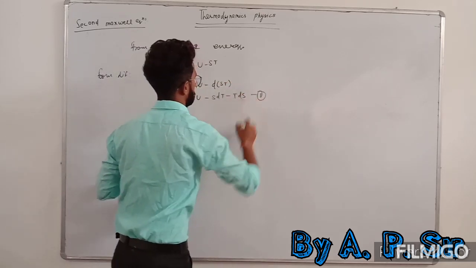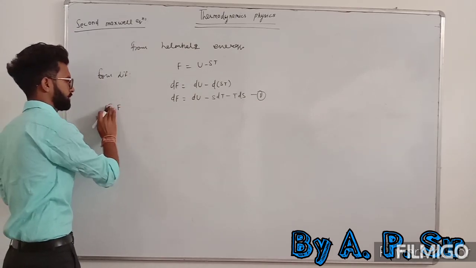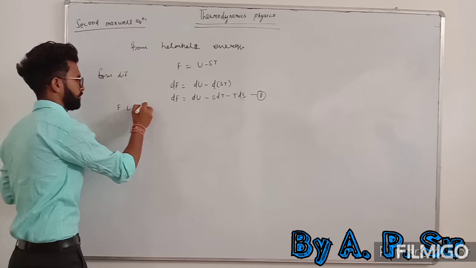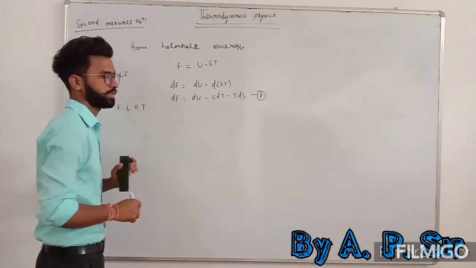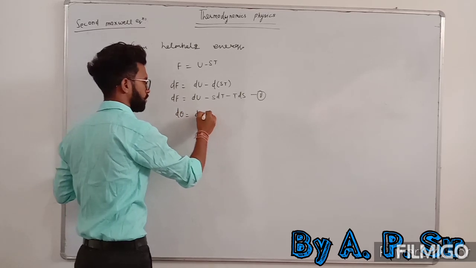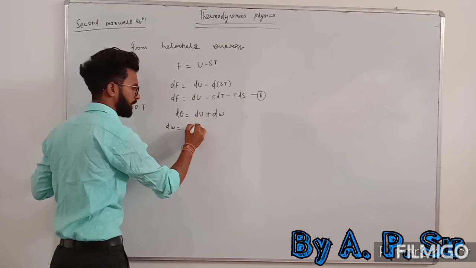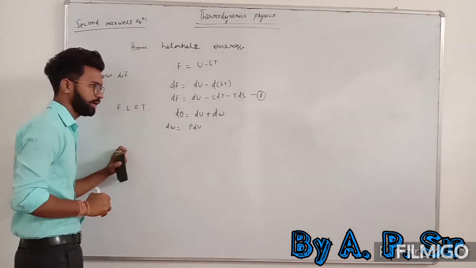Equation number first, from the first law of thermodynamics: dQ equals dU plus dW, dW equals P dV.